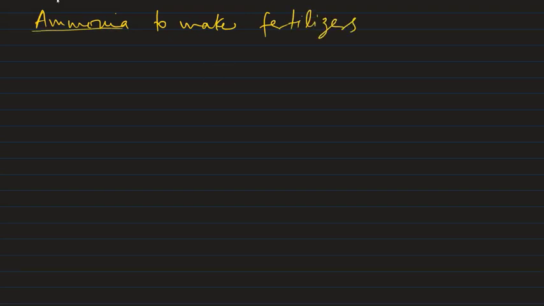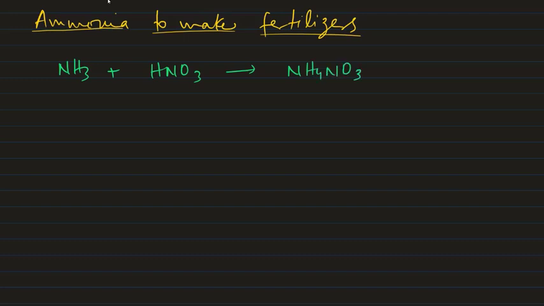How do we make fertilizers from ammonia? It is by reacting the ammonia gas with different acids. Like we can react ammonia with nitric acid and it will give you what? It will give you ammonium nitrate, that is NH4NO3, and this is a fertilizer, ammonium nitrate. We can make ammonium sulfate by reacting it with sulfuric acid.